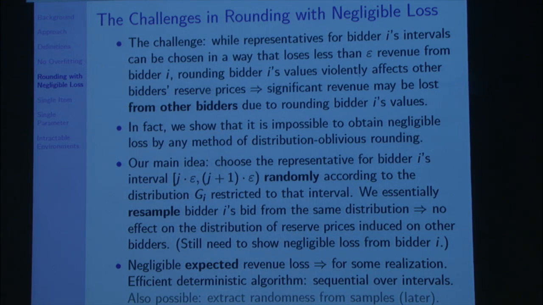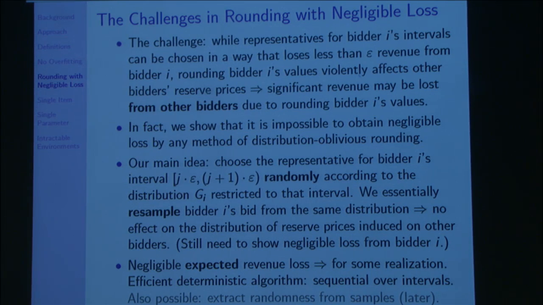Another way to go about doing that, and that's actually a general learning thing that we haven't seen anywhere else, is to use this result that says that if we choose randomly, we don't lose a lot of revenue in expectation. Then randomize polynomially many times.